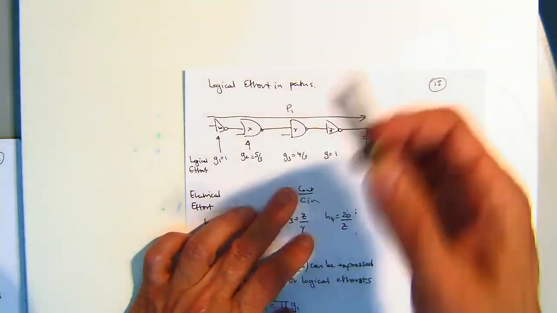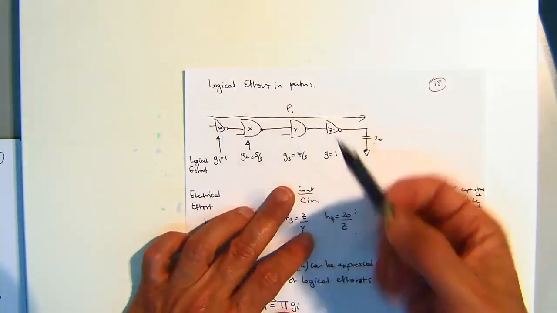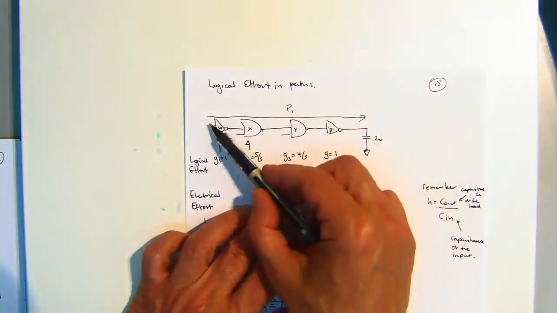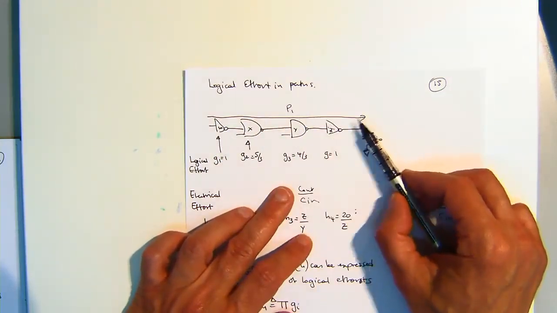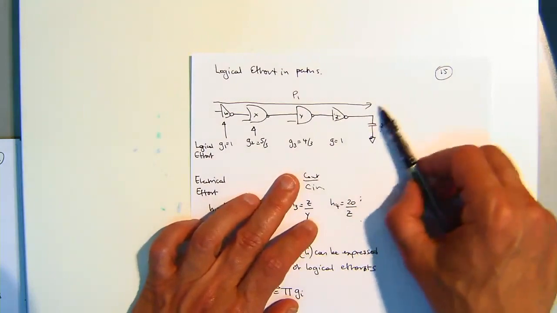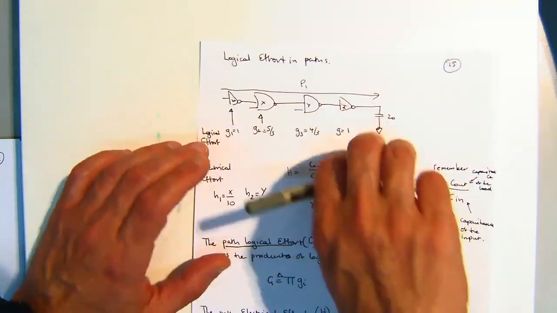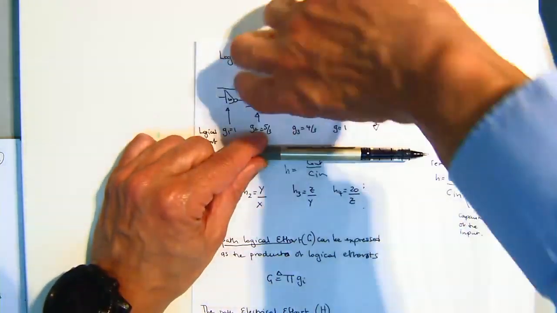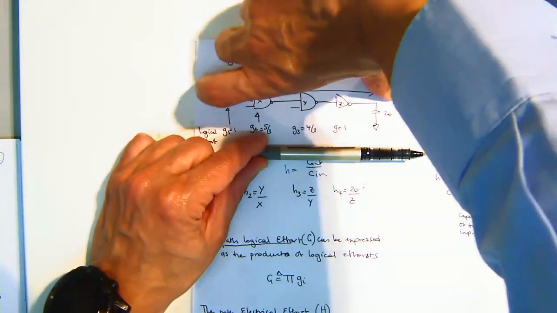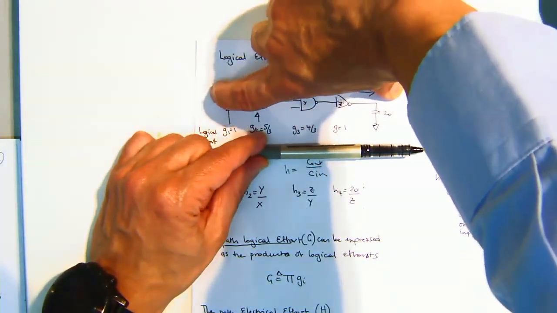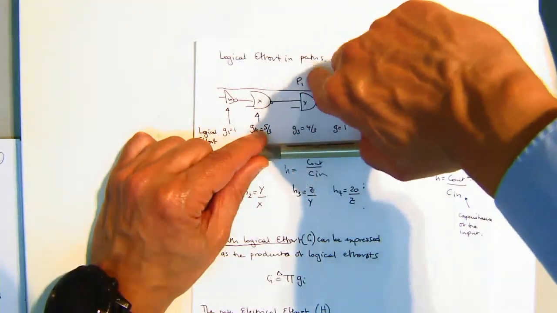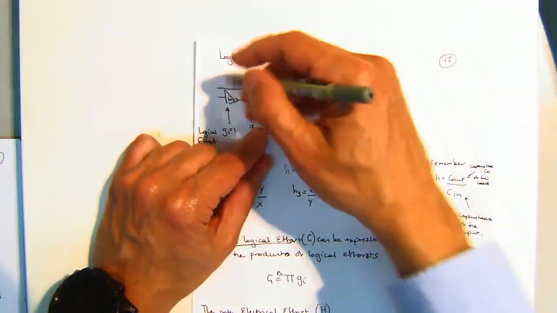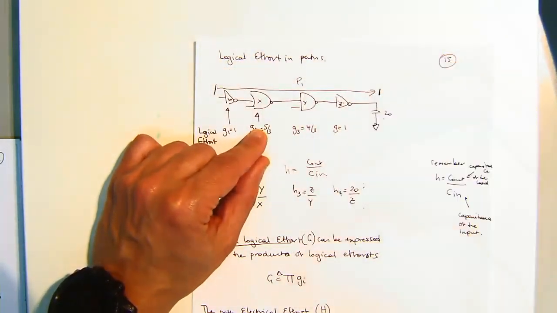But when we're talking about a particular path, we're talking about from input to output for that particular output. So if I had another circuit here, the path I'm talking about is that path. What's the total effort from here to this point, when I'm drawing P1 here? So from here to here.